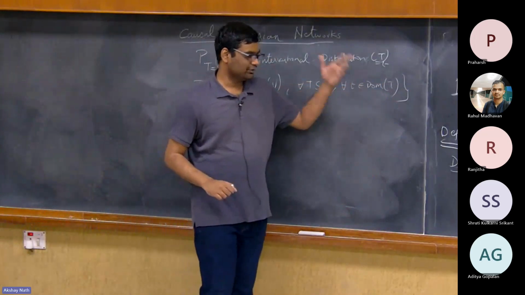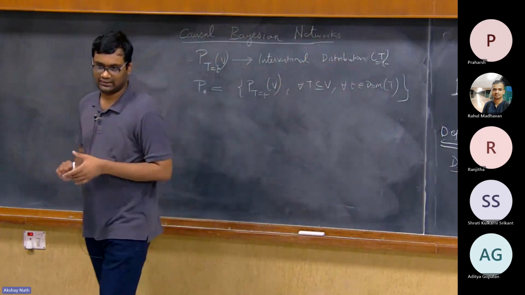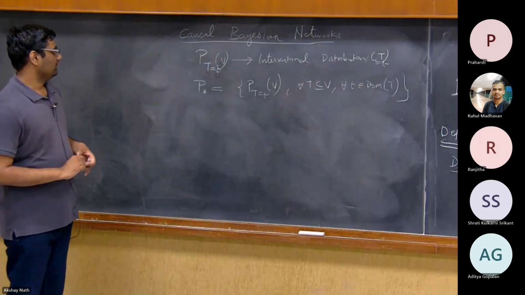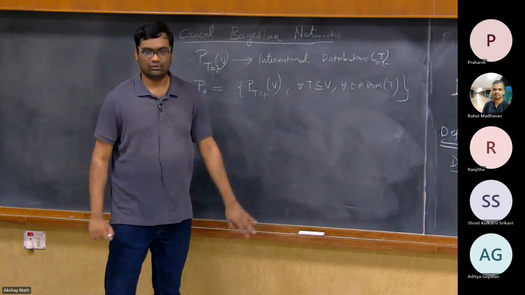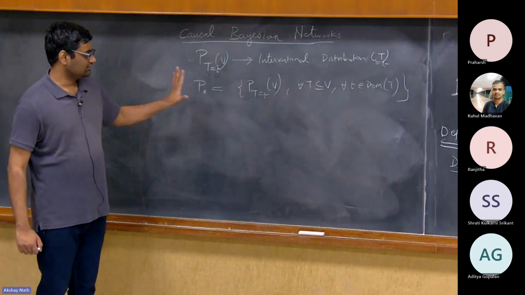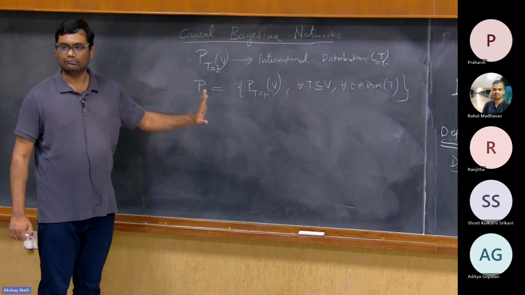You just consider something to be a domain and then you define it. So this is P star. This is all definitions; I haven't said anything about any of them.